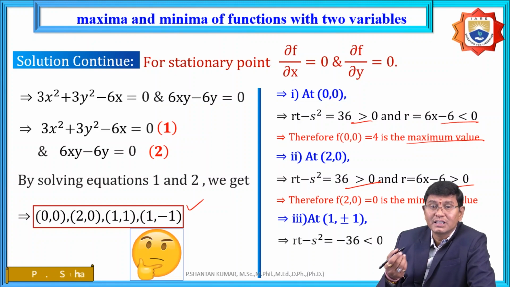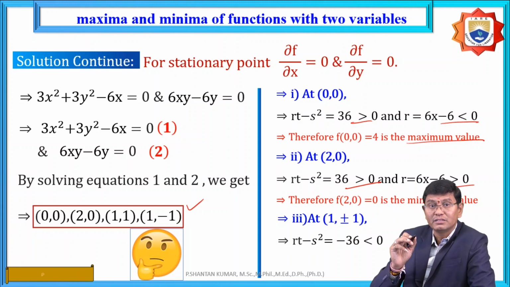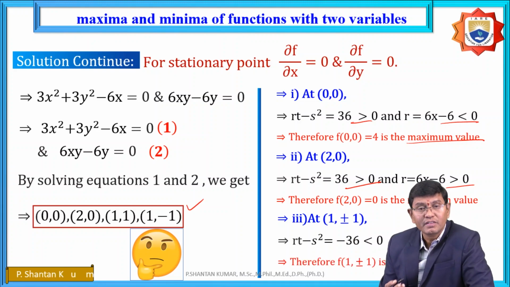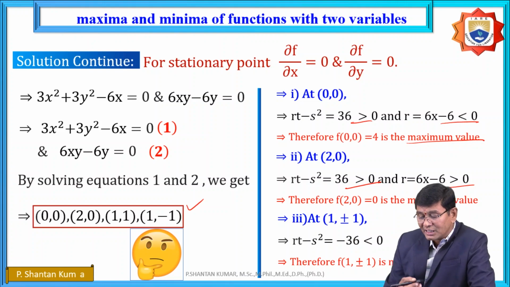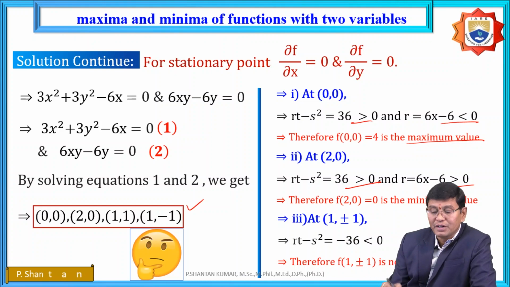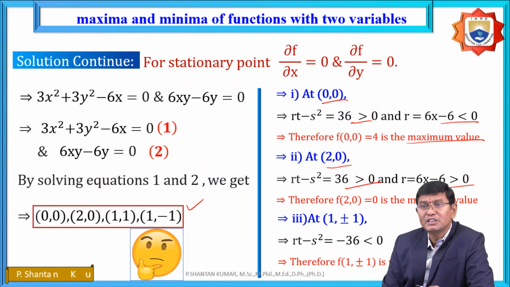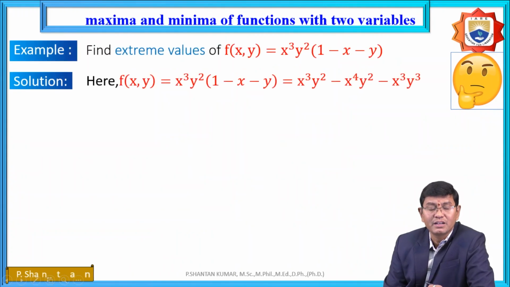That means it is not possible to find a maxima or minima at these points, and further investigation is required. There are no extreme values at these points. As per the previous example, the maxima and minima occur at those 2 points, and we need to find the maximum or minimum value of the given function. Therefore, according to the result and the example, we conclude the solution.